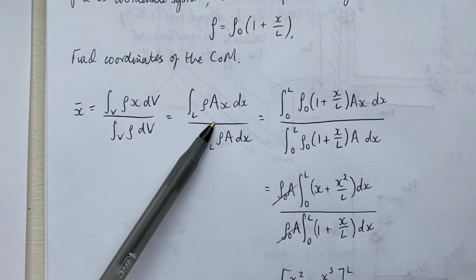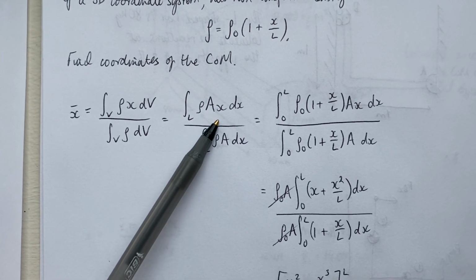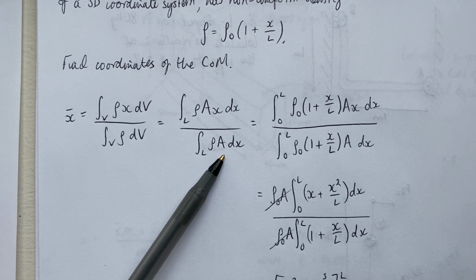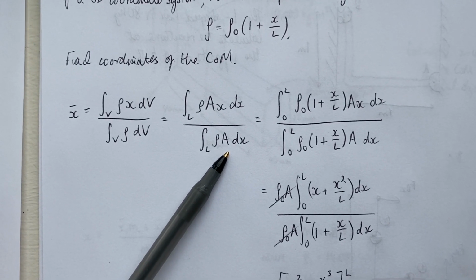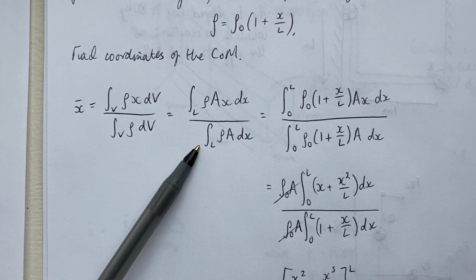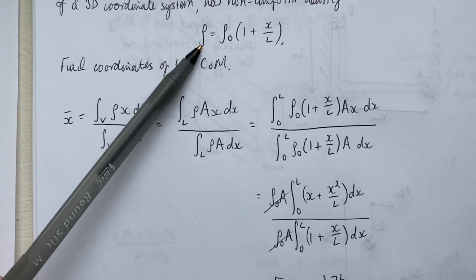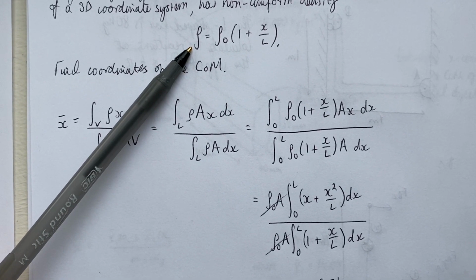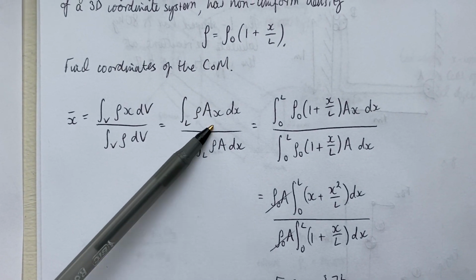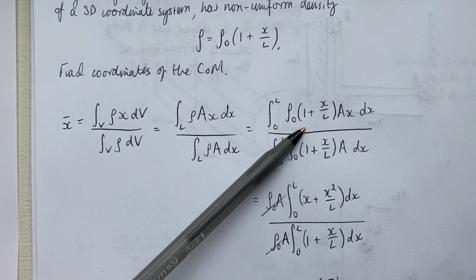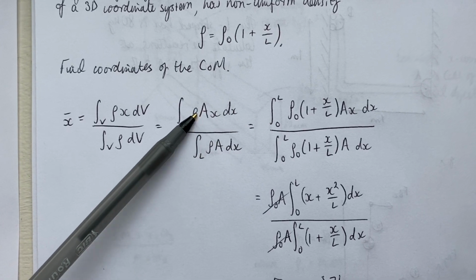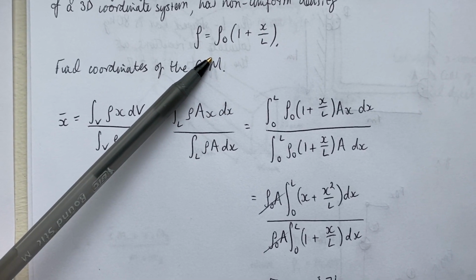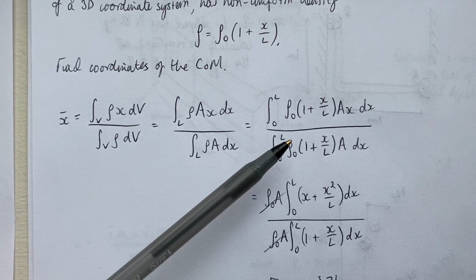So that's how I've rewritten this integral, and also the denominator as well. That then gives me an equation where I can plug in this non-uniform density rho. So from here to here, all I've done is just replace rho with this expression here on both the top and the bottom.